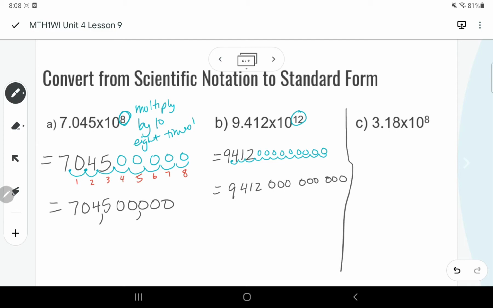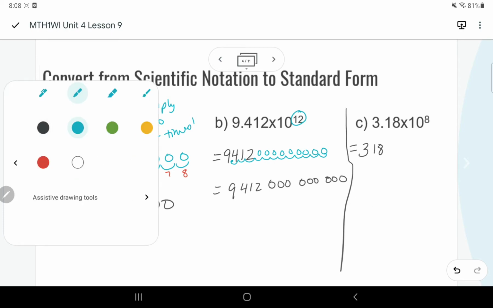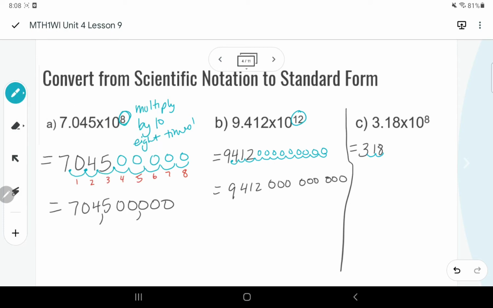And then the last one, again, you can pause this if you like, give it a try, and then check your answer. Okay, so I'm going to start with 3. I'm going to get rid of that decimal. 1, 8, and this would be 2 steps to get past those decimals, the 1 and the 8, but I have to go 8 steps on my decimal place.